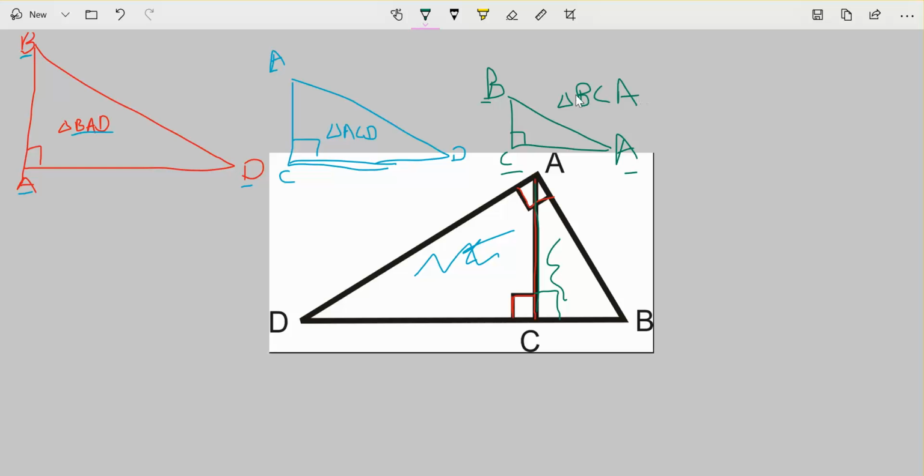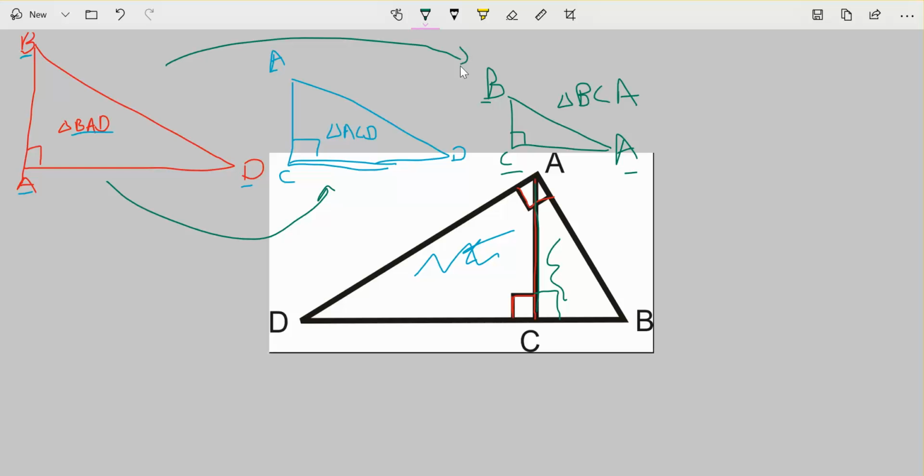Okay, so now, in order to prove the Pythagorean theorem, I'm going to want to write some proportions. The first proportion is going to be with this biggest triangle and this one, and then I'm going to do the bigger triangle with that one.